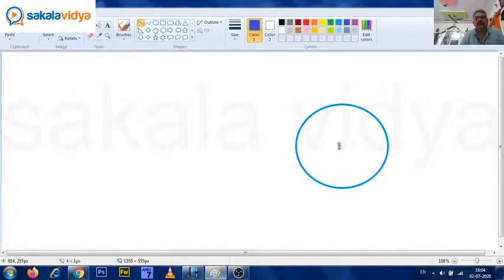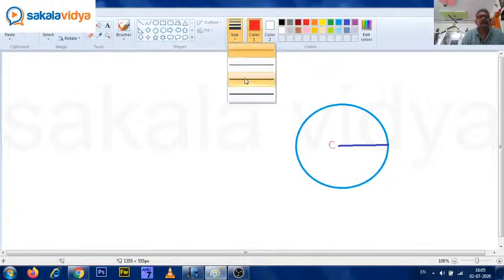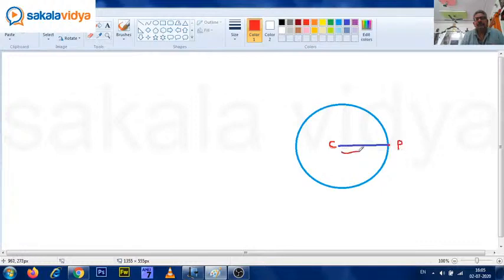This is the center, and this is called the radius. Say this is C, this point is P, and this is R, radius R.